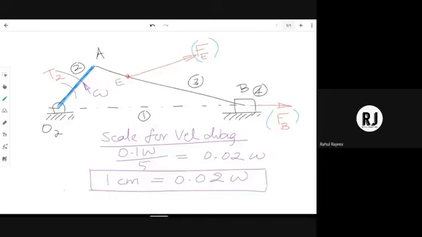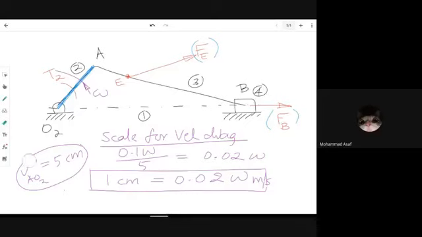Is it clear? Yes, sir. That means the velocity VAO2 will be drawn as a 5 centimeter line. Scale: 1 centimeter is equal to 0.02 omega meter per second. Write meter per second as well. Clear?